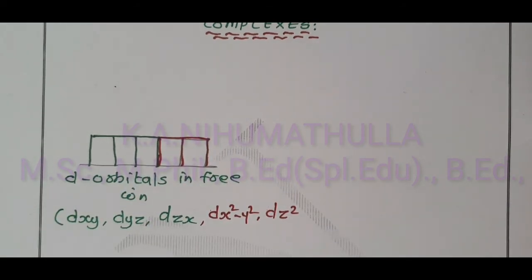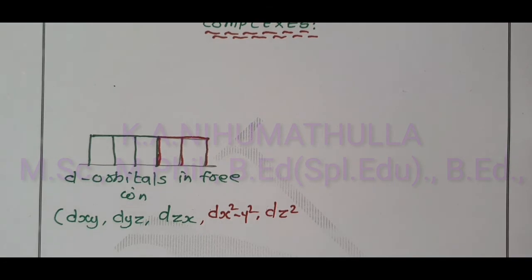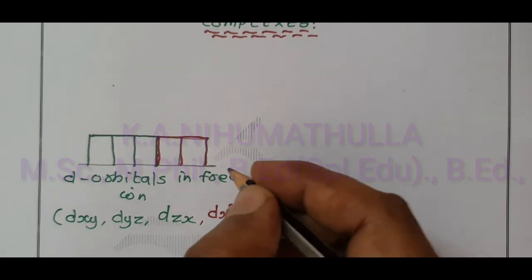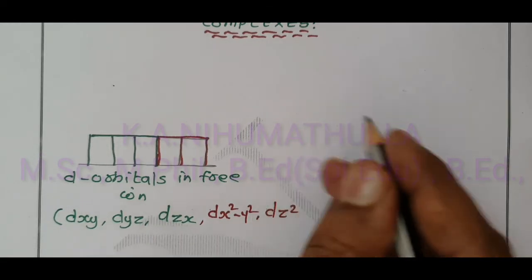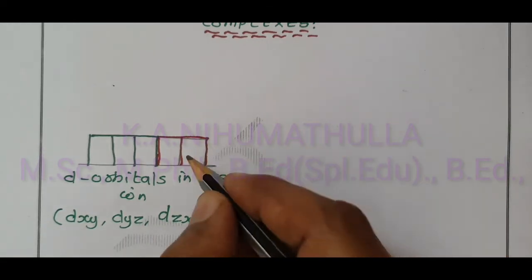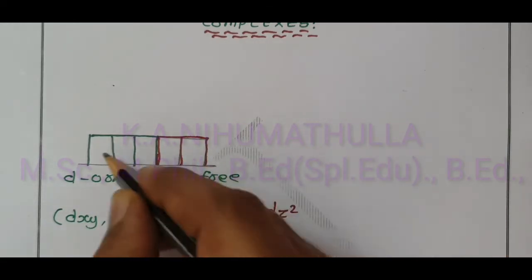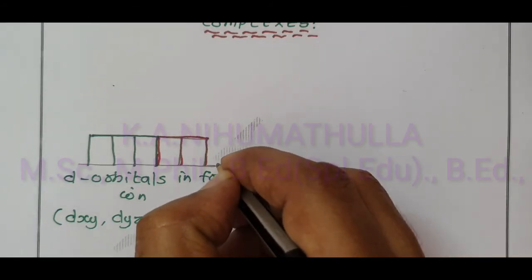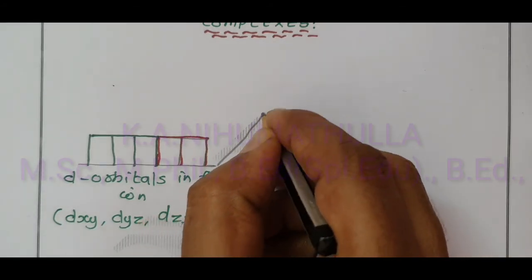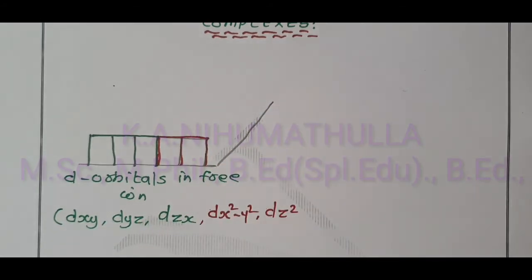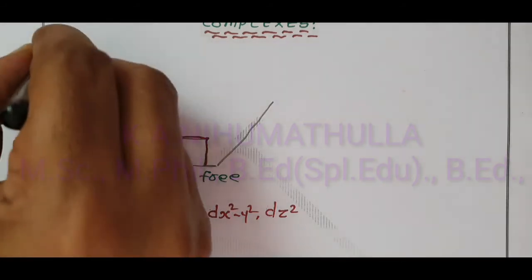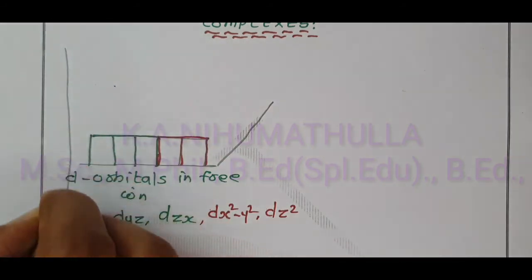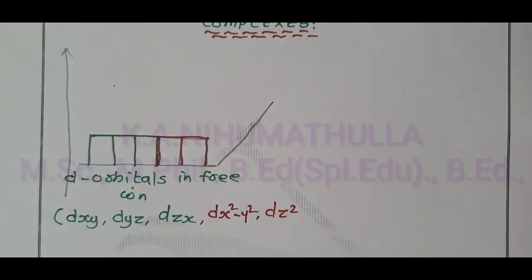When the ligands approach the central metal ion, due to the repulsive force between the ligand field and the vacant orbitals of the central metal ion, the energy increases. So on the left hand side we have to draw one arrow that indicates increasing energy.